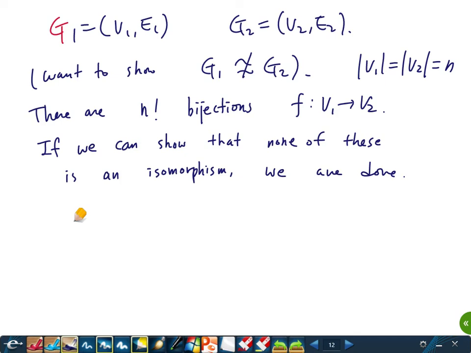So we need to introduce another concept. Let's say G is a graph. A graph has many properties, many.